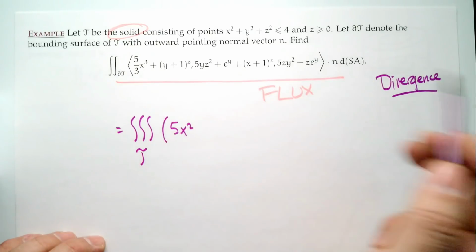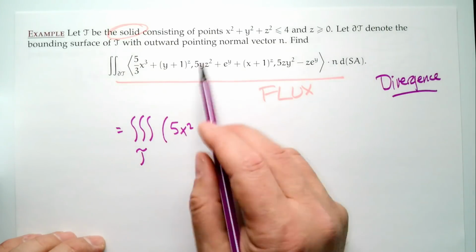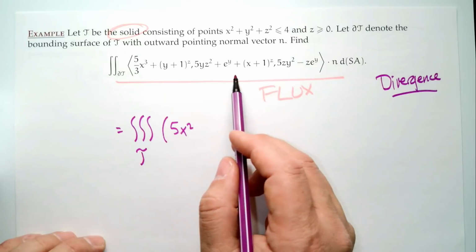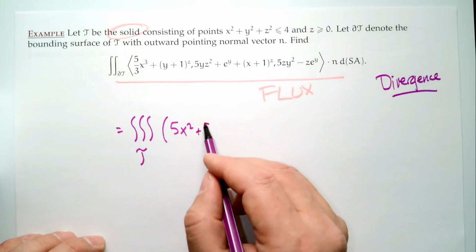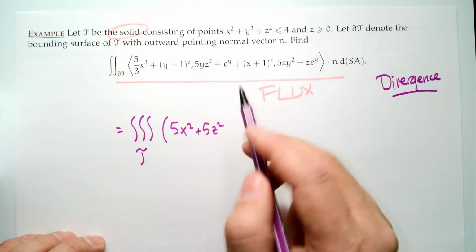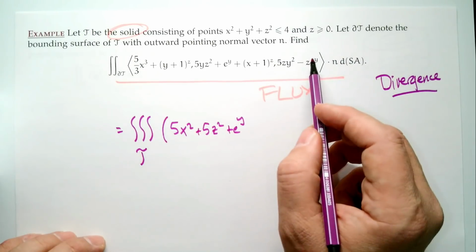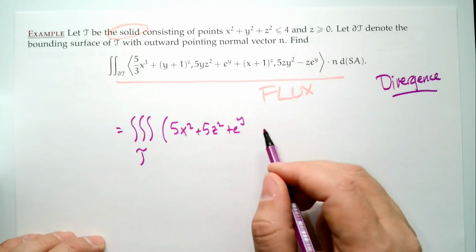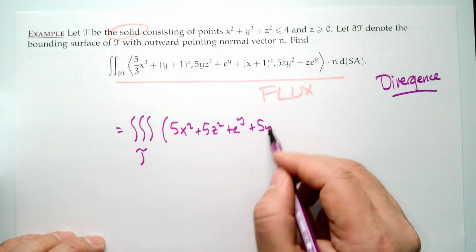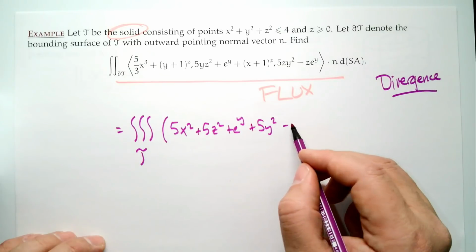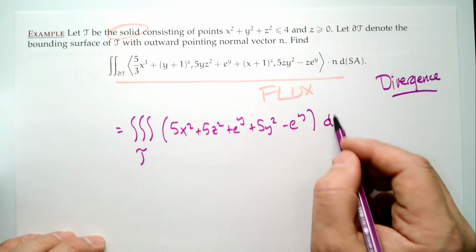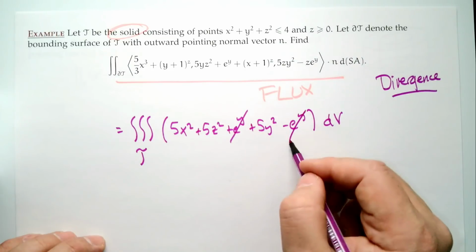That crazy thing, gone. Then 5z squared and e to the y, more crazy stuff that's going to disappear. And the last part, 5y squared and minus e to the y, dV. So the e to the y's cancel.